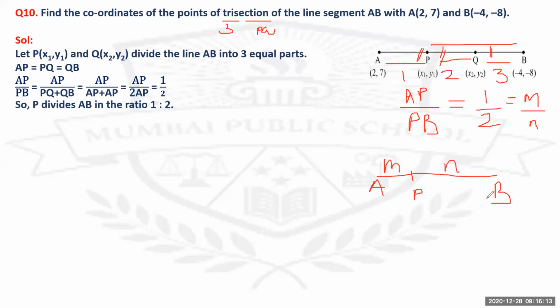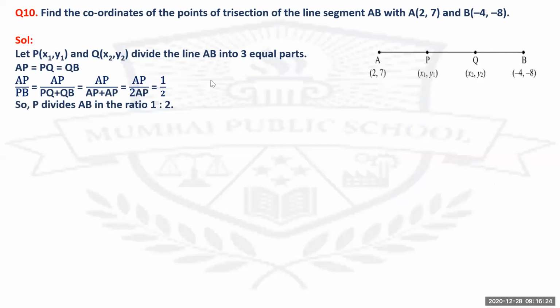Is this clear, beta? So we'll move ahead to the next part now. You have got this in the ratio 1:2. So here you're going to apply the section formula.